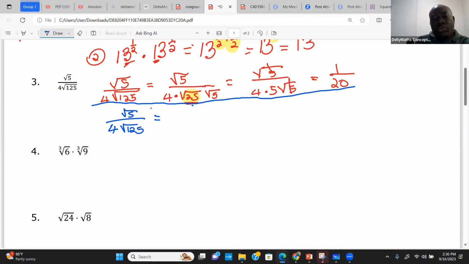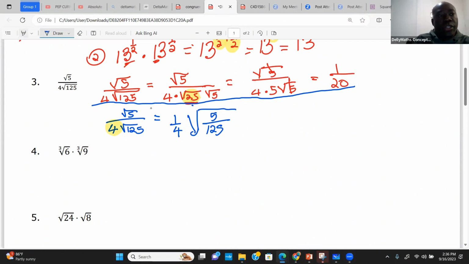But I am able to take this 4, since it's a part of the denominator, it's underneath. I could let it be 1/4 from early. And then I could make one radical from this, because you're able to do that with radicals as well.